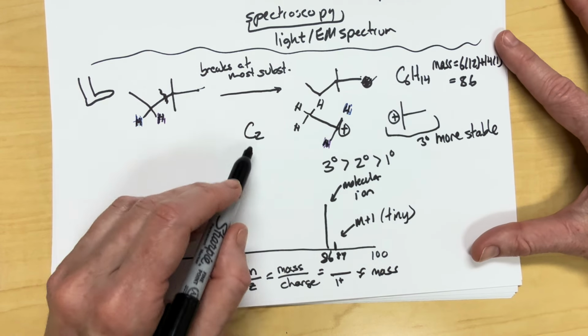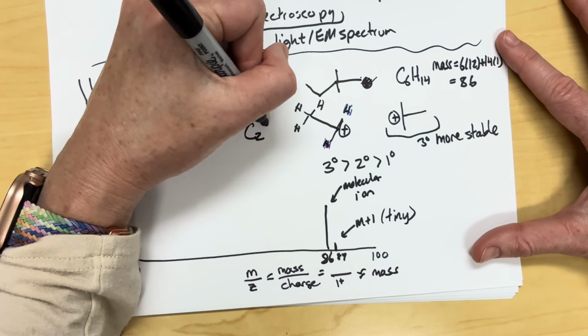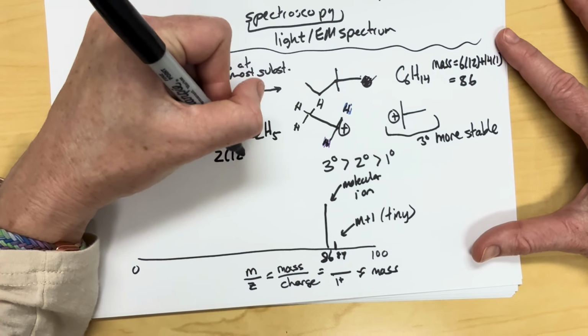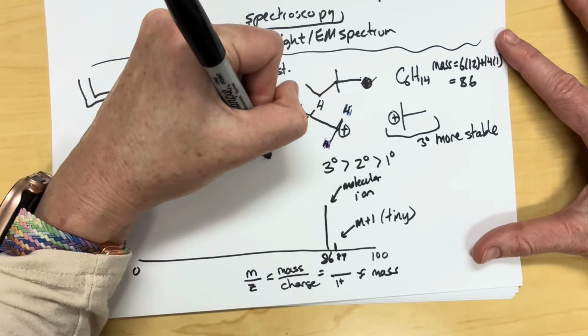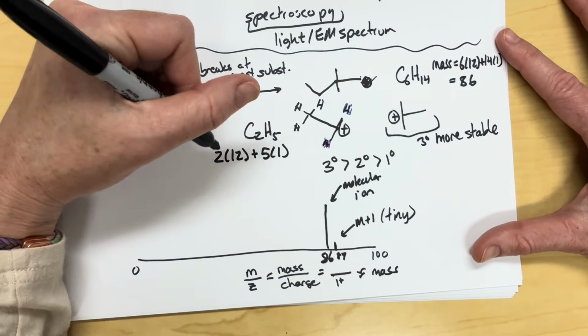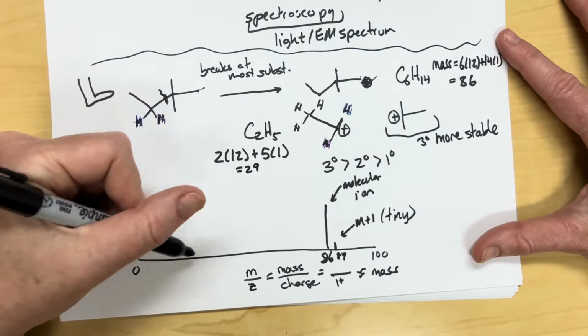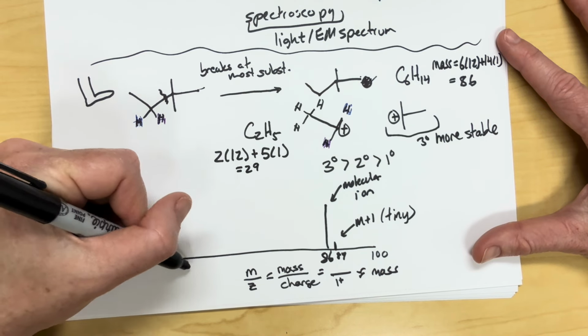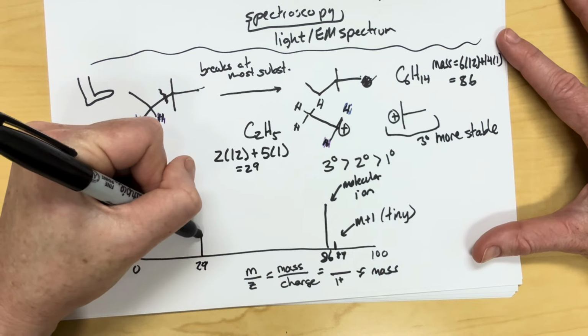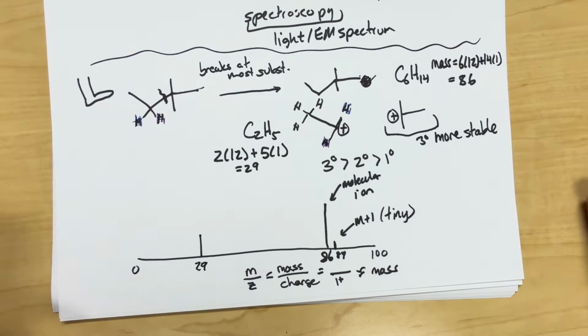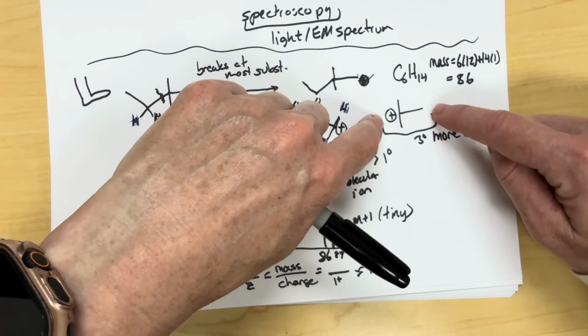So this thing is C2, but it has 5 hydrogens, telling us 2 times 12 plus 5 times 1 would give us the mass of this thing. That's 24 plus 5, which is 29. So at 29, you'd have a peak. So that's this fragment, and then we'd also still have this fragment over here.